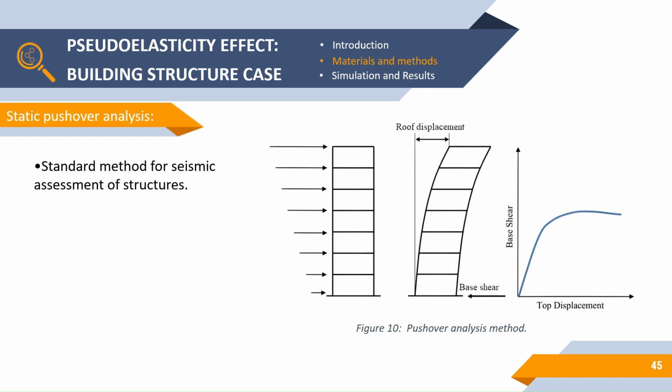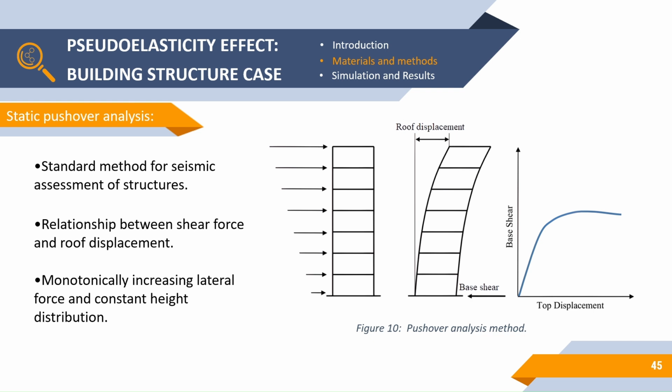The static pushover analysis has become the standard method for seismic assessment of structures. It is used to describe the relationship between shear force and roof displacements, with a monotonically increasing lateral force and constant height distribution.